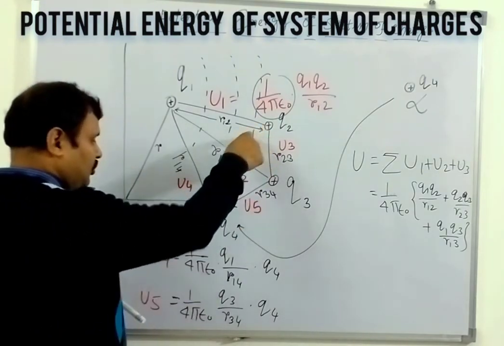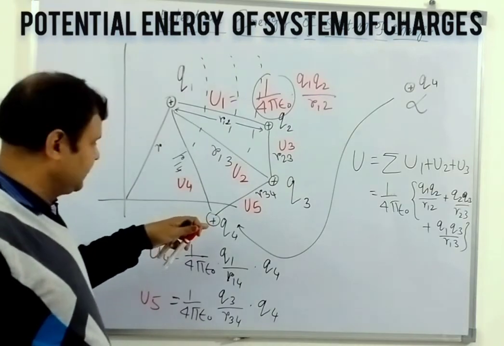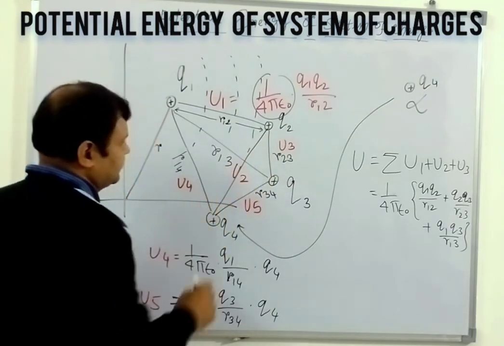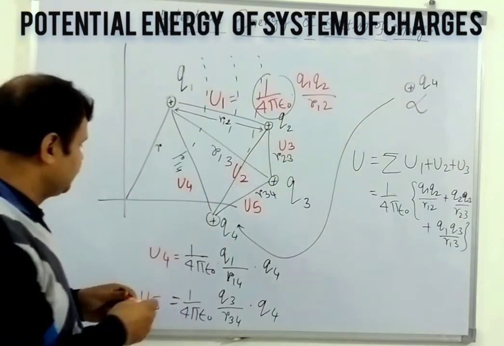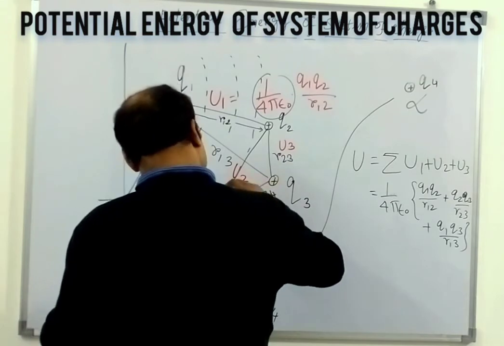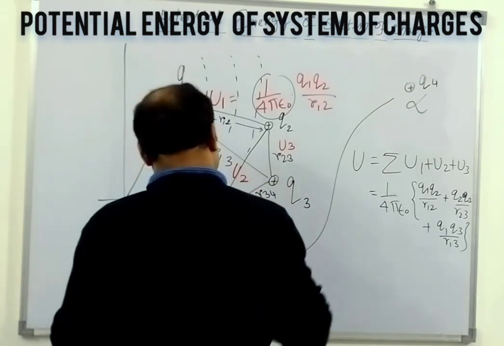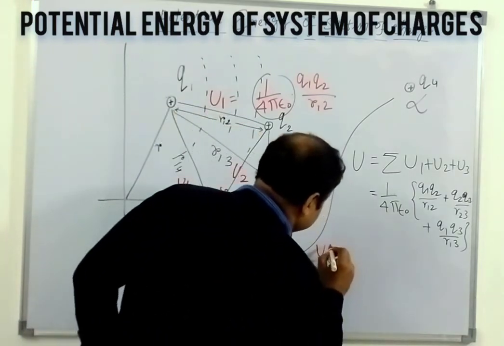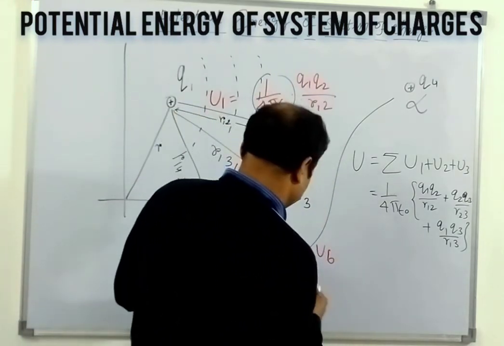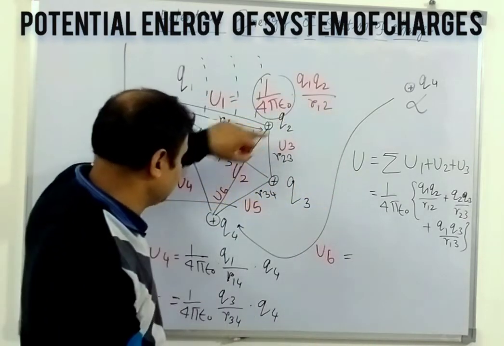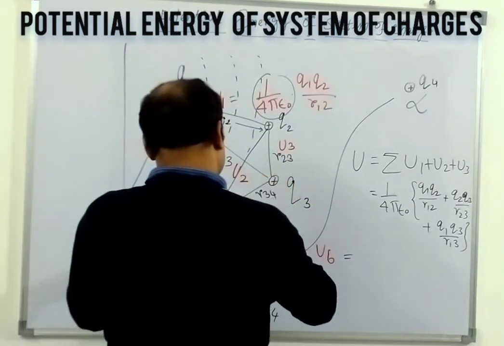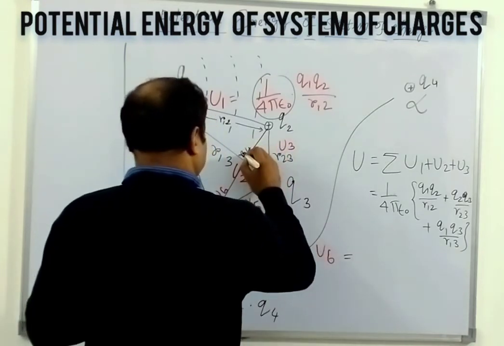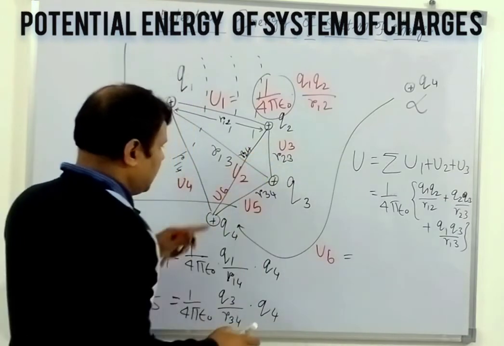Now one more charge will interact here. Q2 also will put some repulsive potential on this Q4, and suppose we say this is U6. How much will be U6? It is the potential created by this Q2 charge at Q4's distance, and suppose the distance between 2 and 4 is R24.